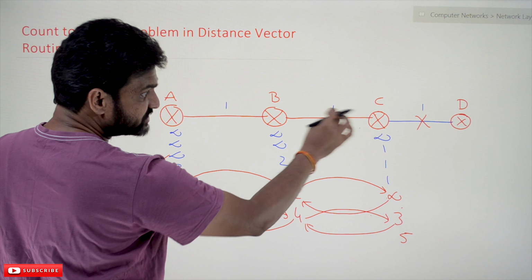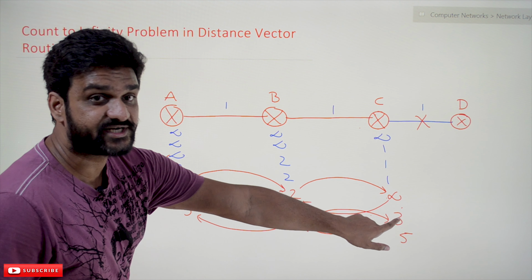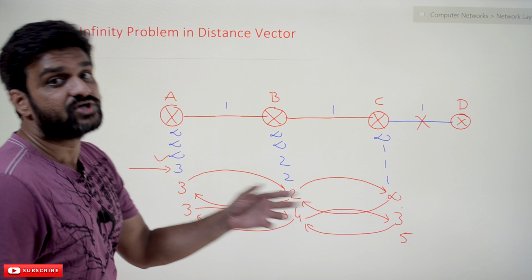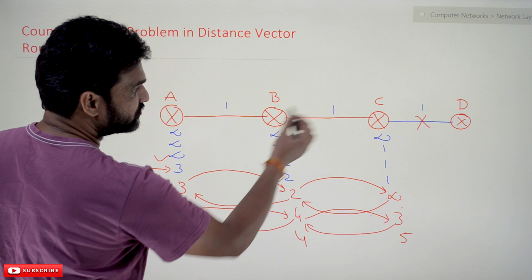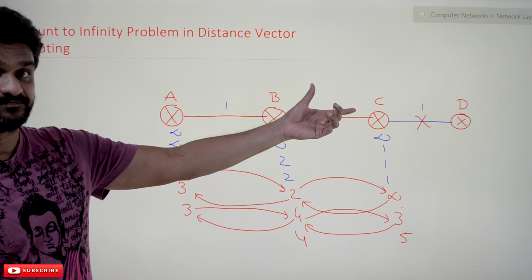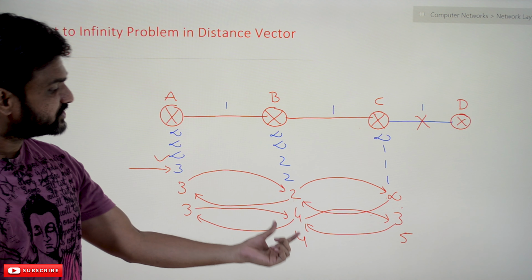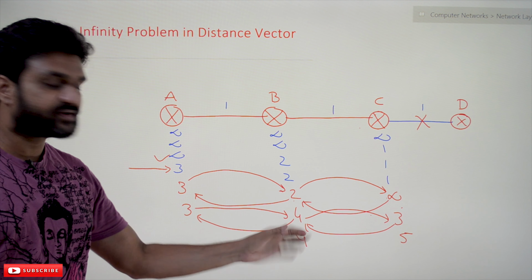B to C it is 1 and C to D it is 3. 3 plus 1 is 4. So it can go either way. This one will remain the same. It can go either through C or through A, but the distance is the same. So this one remains the same.